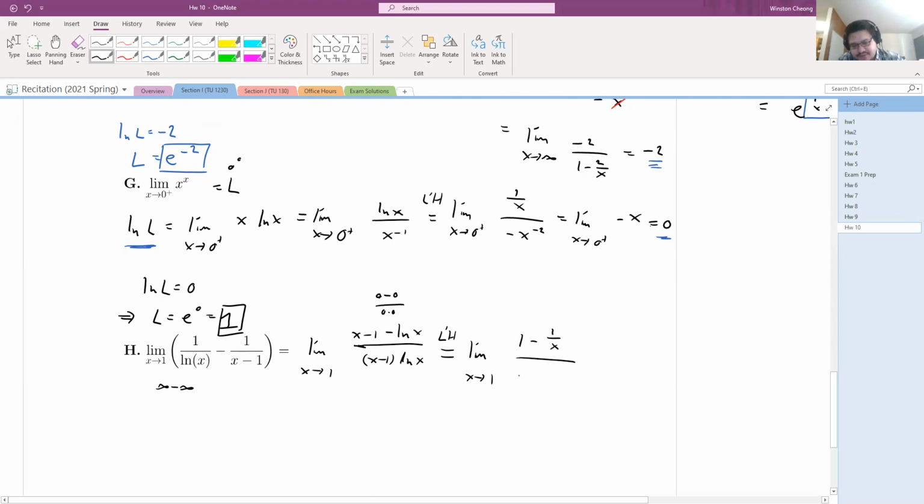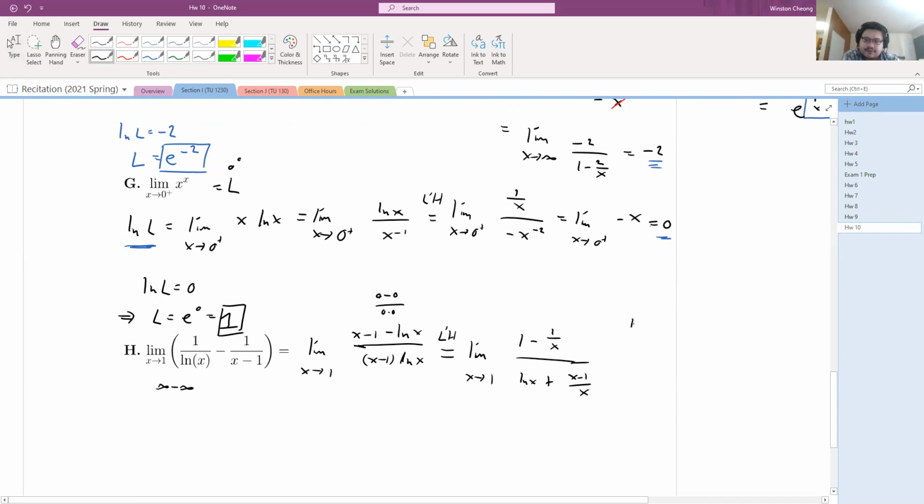Derivative of x minus 1 is just 1, so it's ln of x here, and then plus x minus 1 over x. Okay, now can we plug into this? Well, doesn't look like it. Yeah, no.